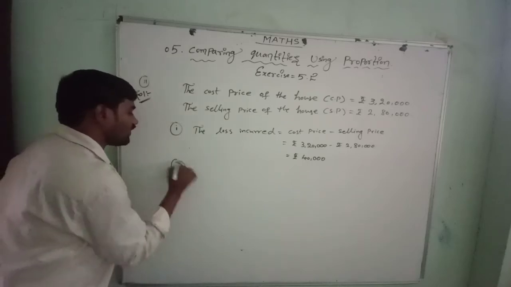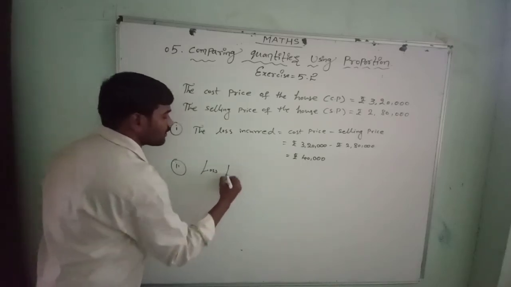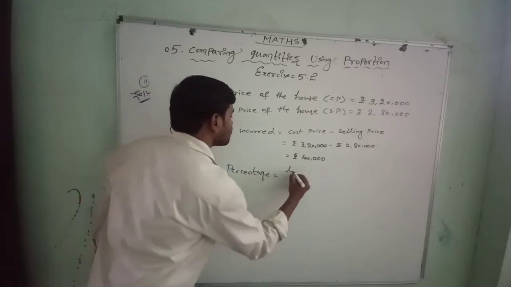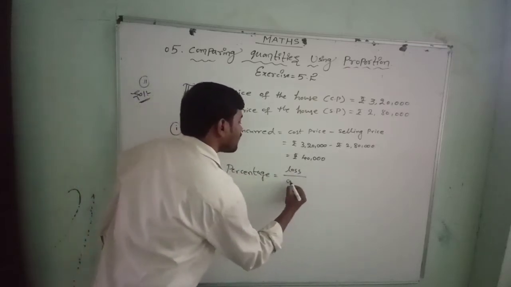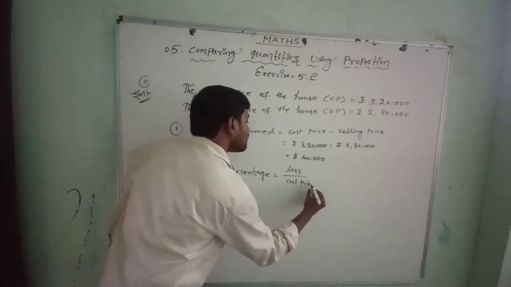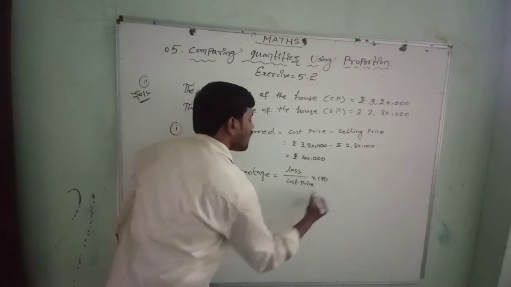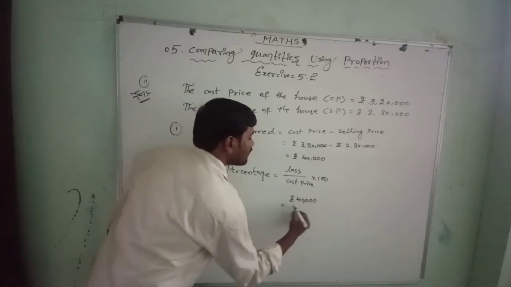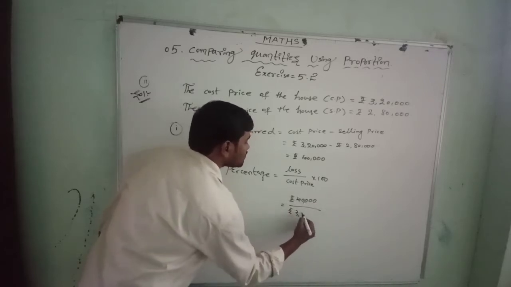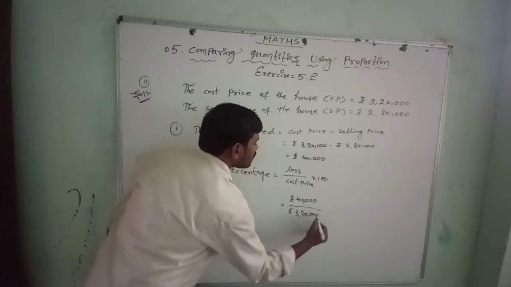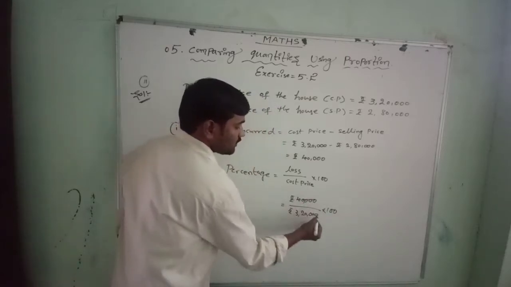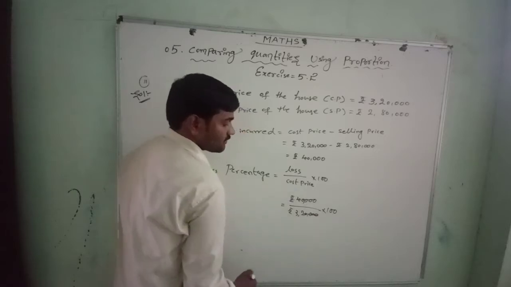Then what do we have to find out? The loss percentage. The loss percentage equals loss by cost price into 100. The loss they got, 40,000, by cost price 3,20,000, into 100. Here 4 zeros are cancelled.